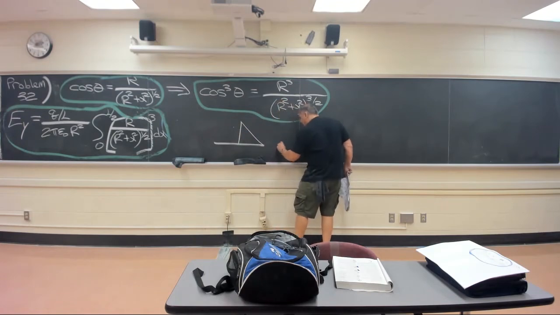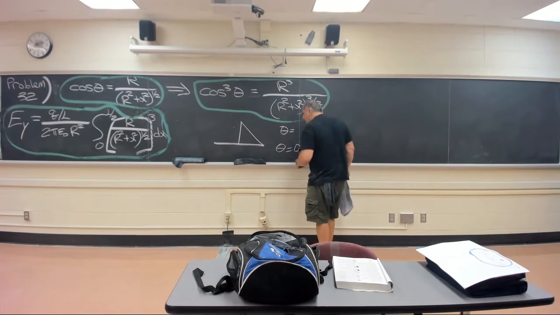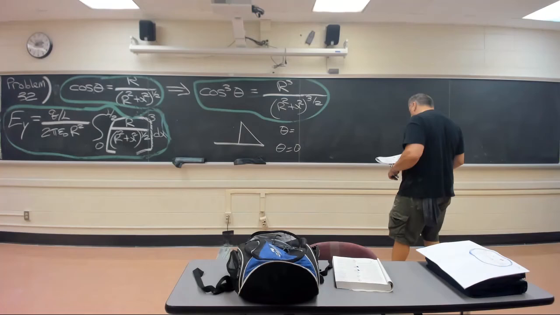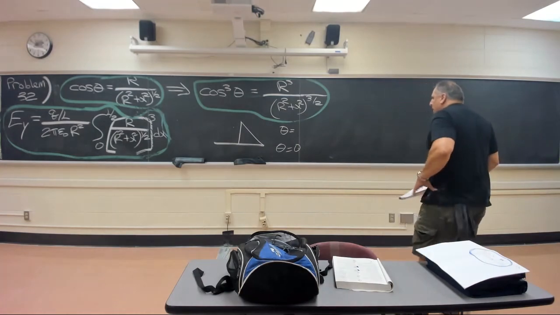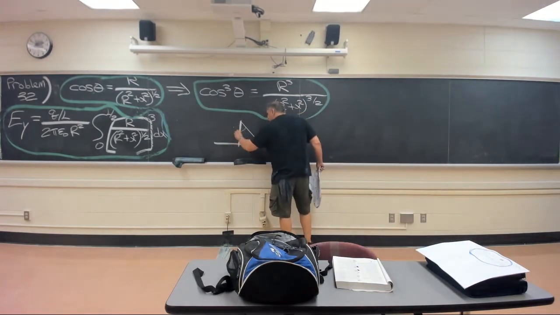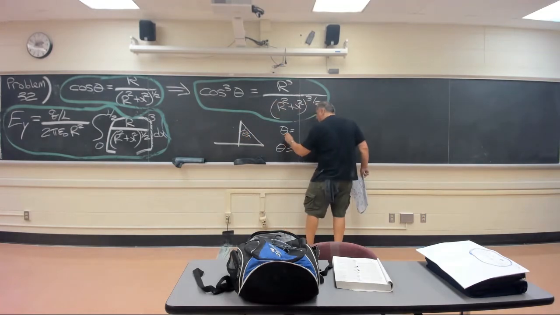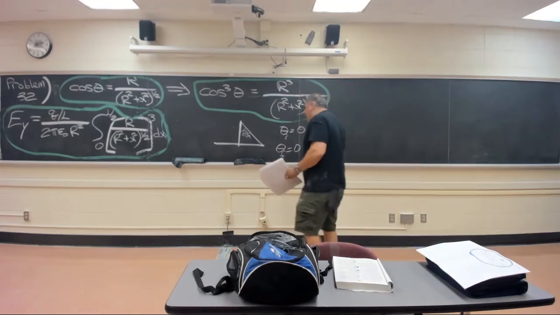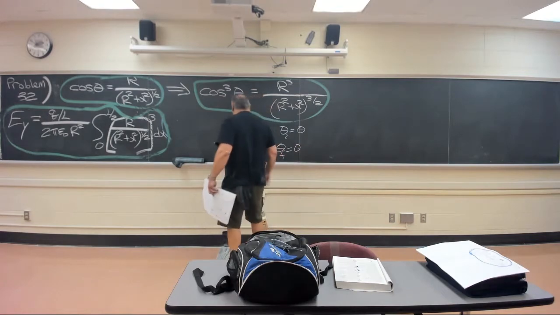So theta is going to go from 0 to the inverse. There are a lot of ways you can play this. This is theta equals 0, straight up and down, and this is going to be theta final. So theta initial is 0, and there's going to be some sort of theta final and how it opens up. We'll see how that plays out when we do it.